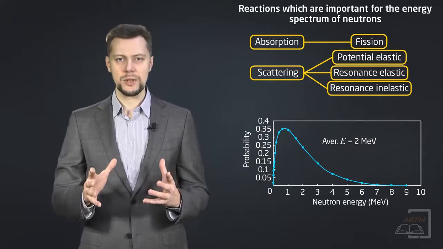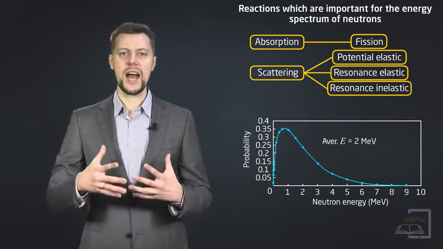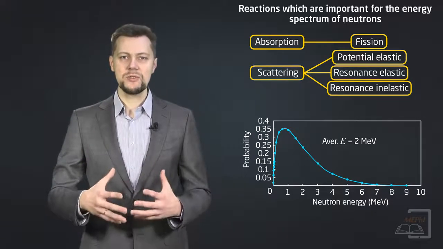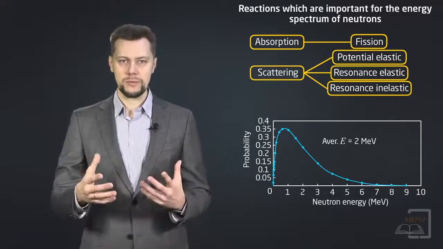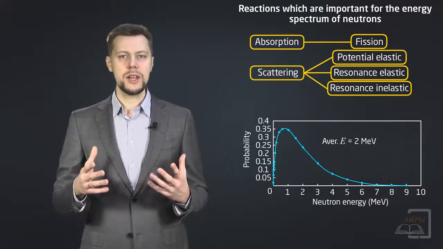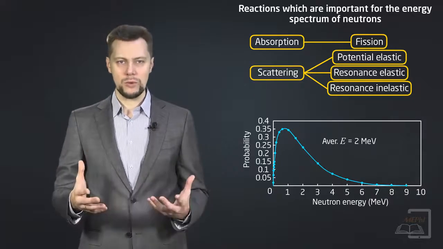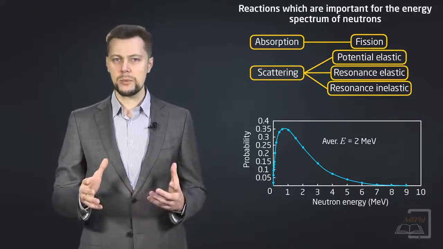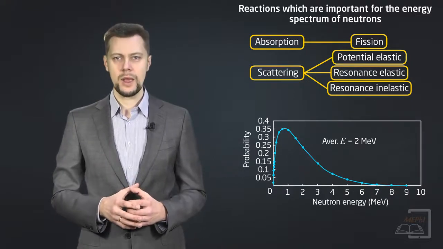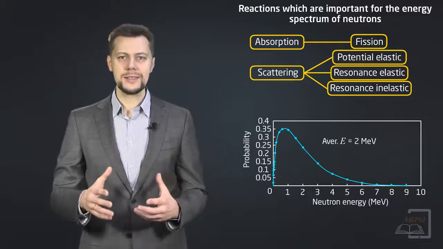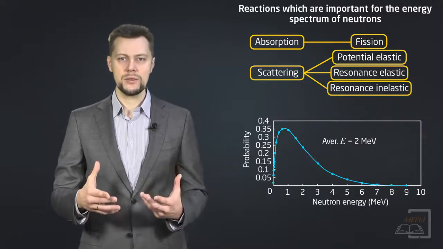The absorption reaction influence means that after fission, the fast neutrons have a certain energy distribution, called fission spectrum. The average neutron energy is about 2 megaelectron volts. The main process of slowing down is scattering. The resonance elastic scattering can moderate the neutrons.